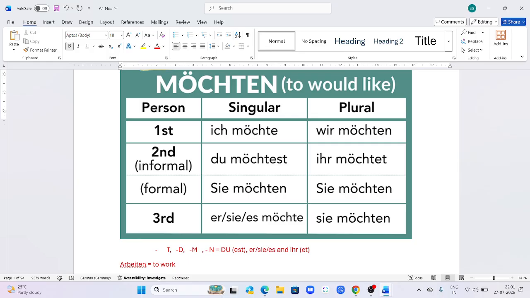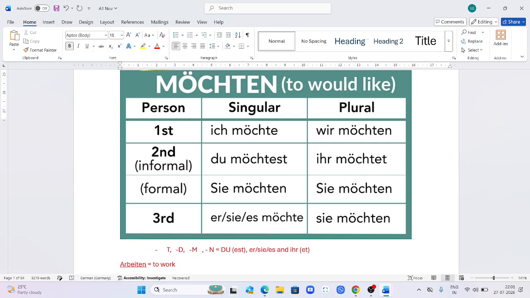Okay, how will you say, would you like to drink a glass of water? It's a question. Möchtest du ein Glas Wasser trinken?